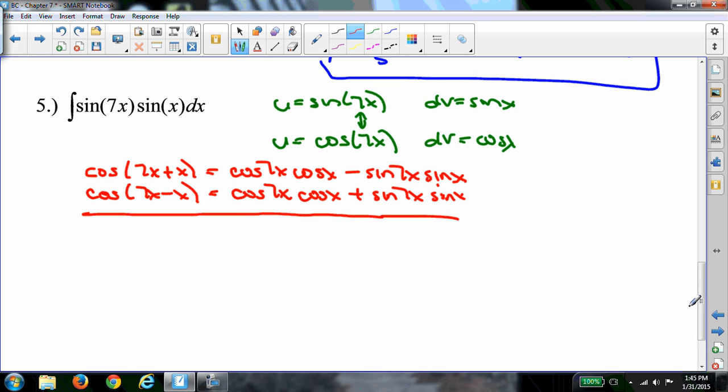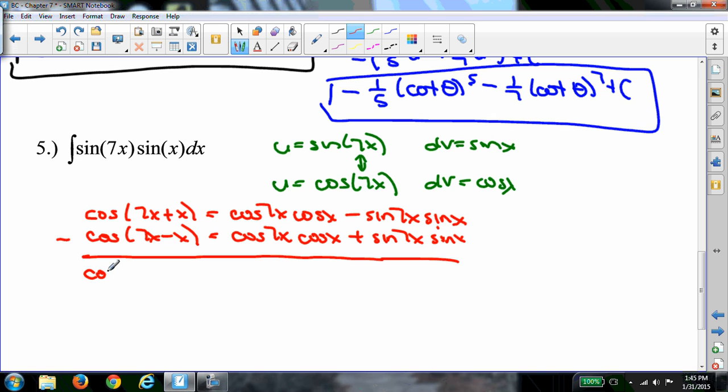So if I subtract these, I'm going to get cosine of 8x, because technically this is an 8x, minus cosine of 6x. If I subtract, those two subtract away, and I get negative 2 sine 7x sine x.